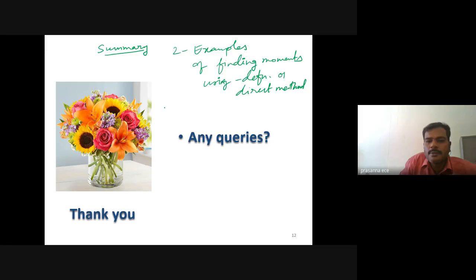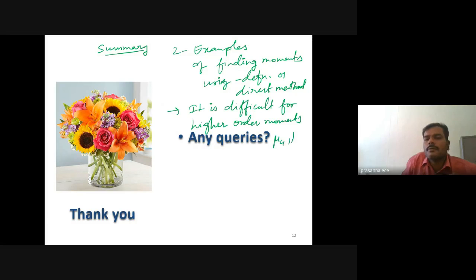We observed that it is difficult for higher order moments, that is mu4, mu5, etc., and mu n.